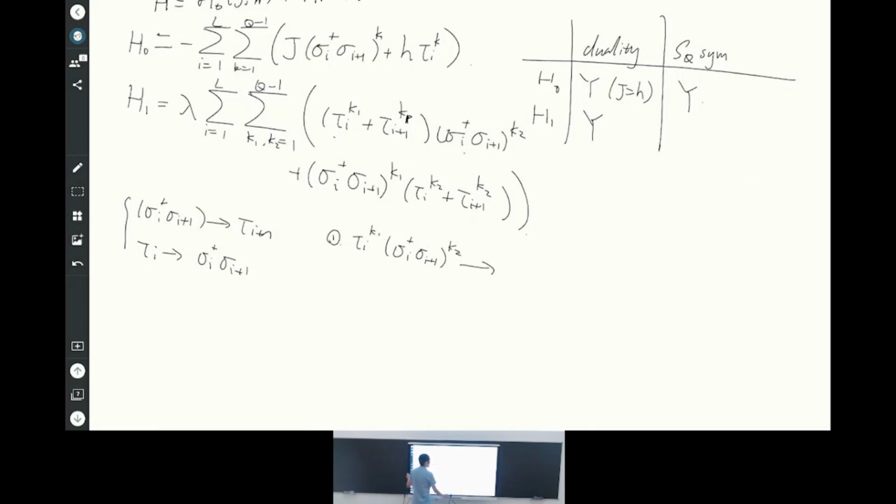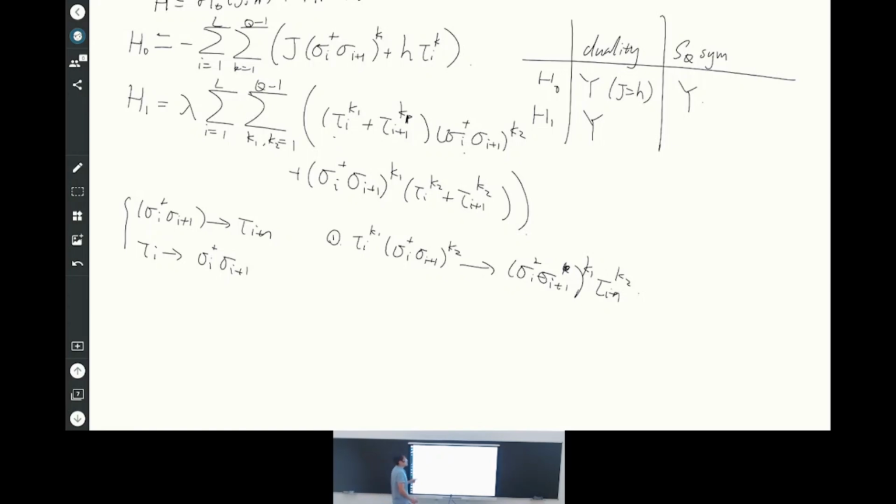Under this duality transformation, the first term will change to the fourth term here. And so on, you can check term by term, and you will see that H1 in total will preserve these duality properties. Actually, this is very important when we discuss the phase diagram of this model, as I show you below.